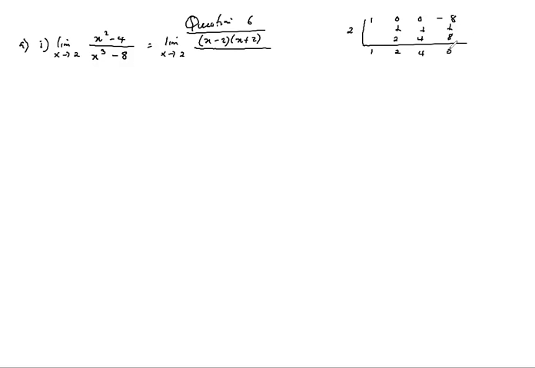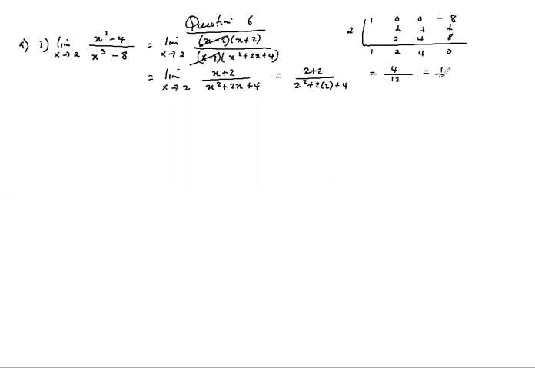So it's going to be x minus 2 and then x squared plus 2x plus 4. So this part and that one will cancel. So you have the limit as x goes to 2 of x plus 2 over x squared plus 2x plus 4. So you substitute, you get 4 over 12, which is 1 over 3.